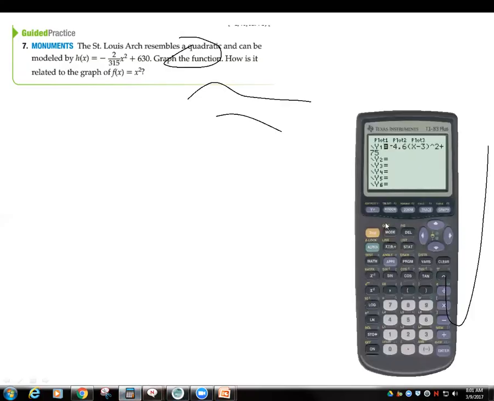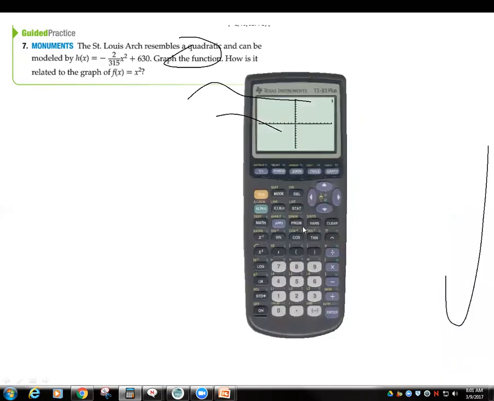So if I have -2 over 315 times x squared plus 630, delete off that last little one, zoom 6, you're going to get probably not too much in there, okay?